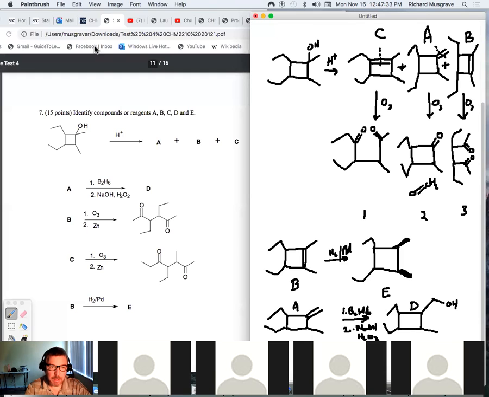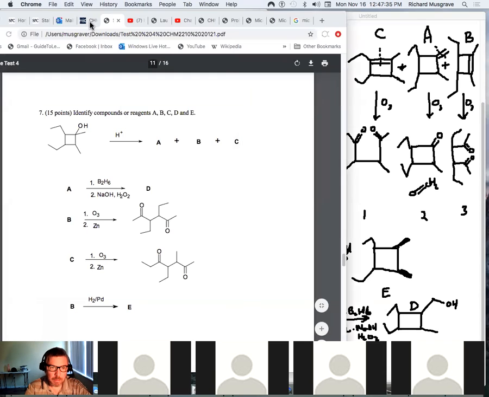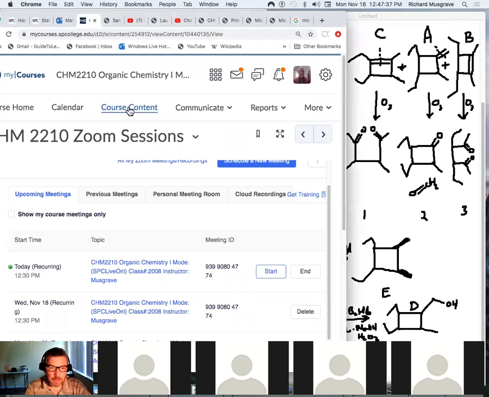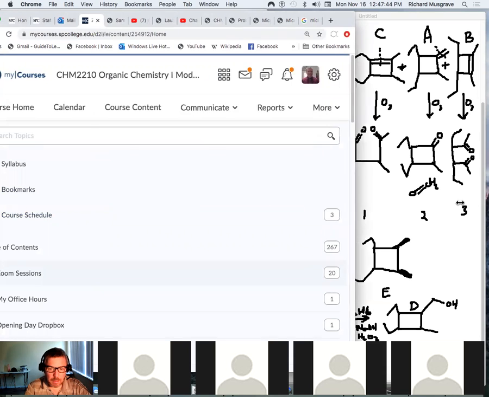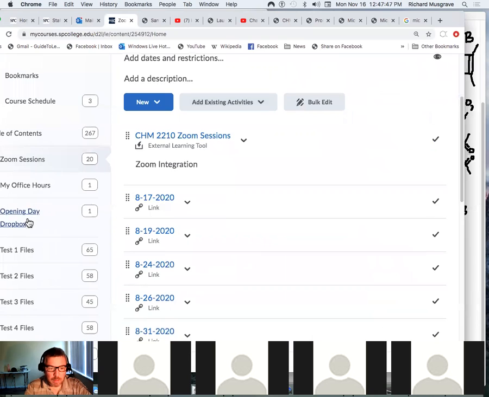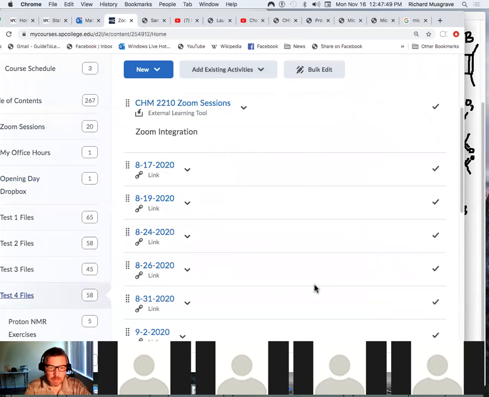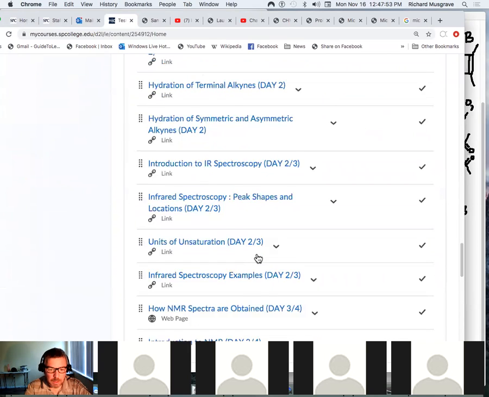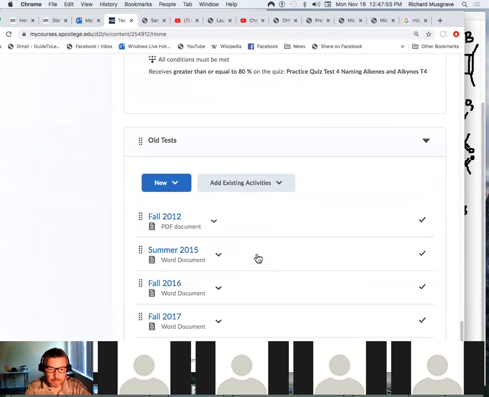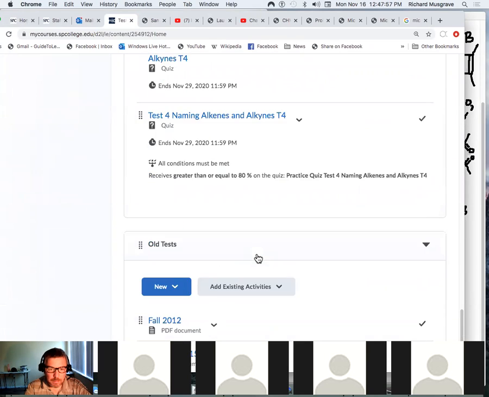Hang on, let me get it out of here. Here we go. All right, let's take a squiz at some resources I have for this. Test 4 files, here we go. All right, so there's a folder here. If I can find it.